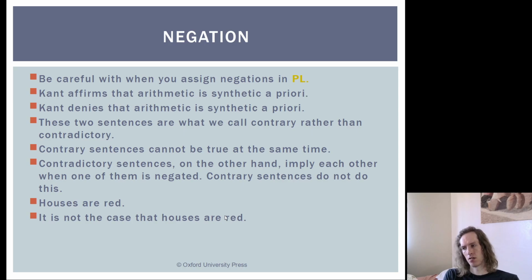This is what will be called in informal logic classes the law of the excluded middle, where if you have something and its opposite, there's no other possibility. I could say either "houses are red" or "it is not the case that houses are red." There's no option that doesn't fall into one of these two terms. And if I know that it is not one of these two categories, then it must be the other one.